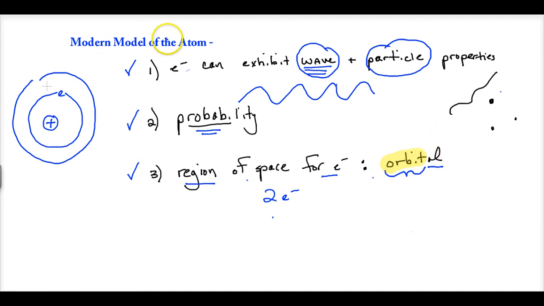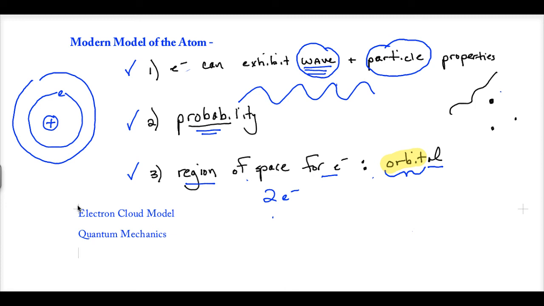Now, the modern model of the atom actually has a couple of other names, so I'm going to write them here. The modern model could be called the electron cloud model. Another one is quantum mechanical, or quantum mechanics, which is the math used to describe electrons in this new model, or sometimes the mechanical model.